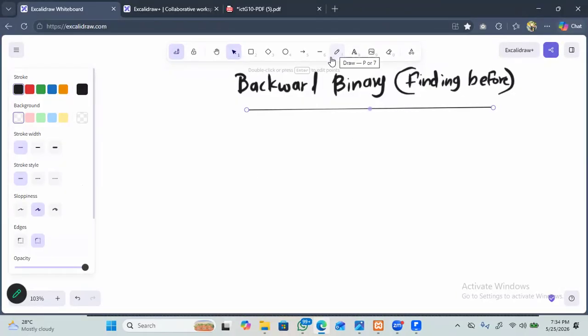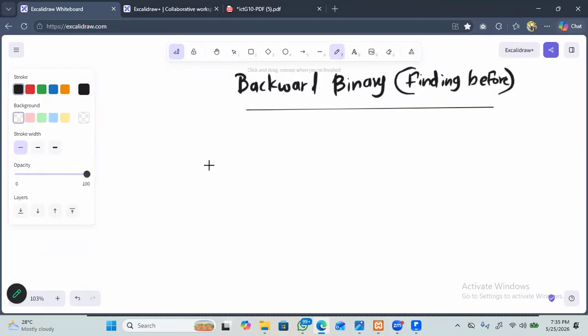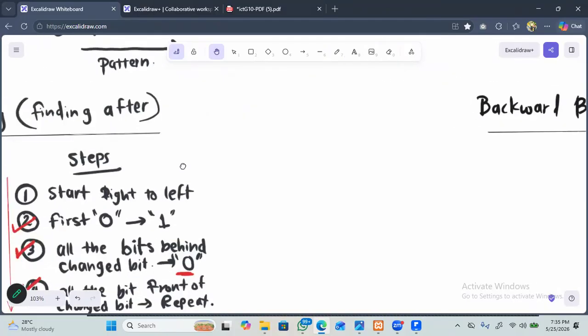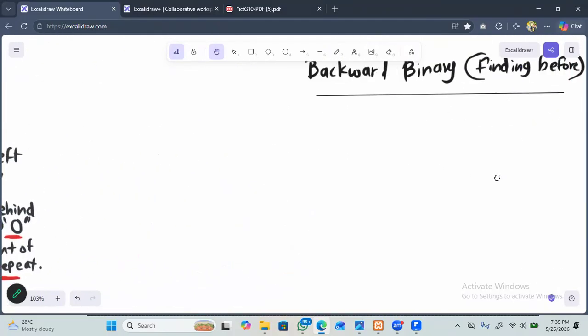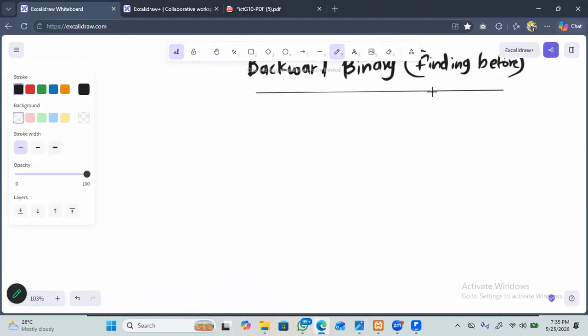Here, my steps are going to be exactly opposite of the previous one. My first step was starting from right to left. That is not changing. Always starting from right to left. All the other steps are changing.